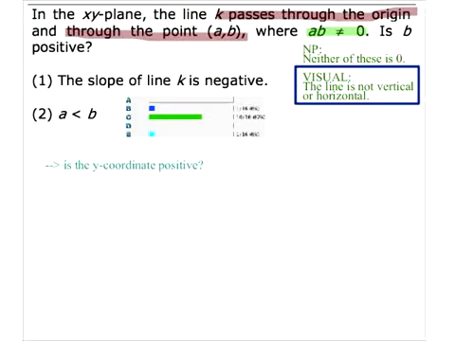I mean, there presumably are algebraic approaches of some type, but they're kind of a pain. So let's do a visual approach. Statement 1. If the slope is negative, then tell me in the text box with words, what does that look like? Or actually, there's a symbol on your keyboard that you can type that kind of looks like that, if you'd rather.